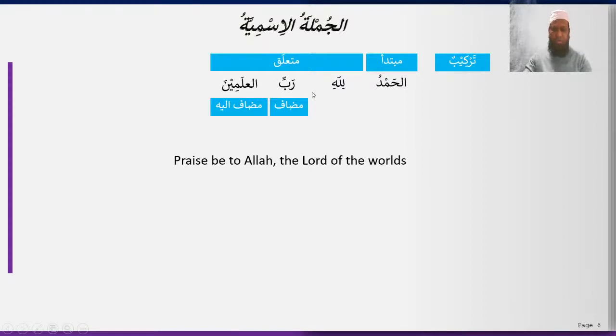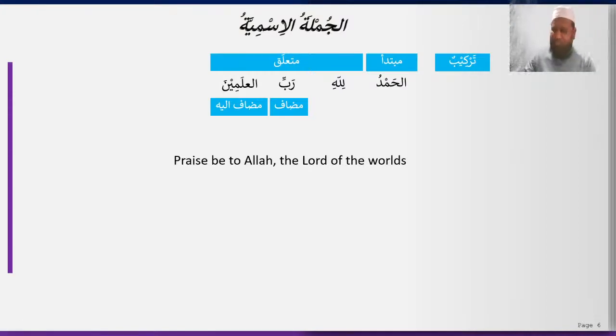There's another phrase, so we can call this phrases within a phrase. So this is shibul jumla first, then we have jar and majroor. There's another phrase, mudaf and mudaf ilayh, but there's another phrase in it.